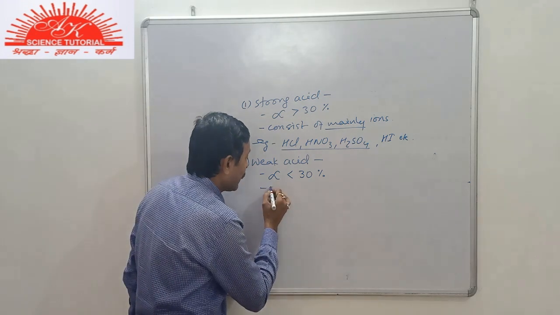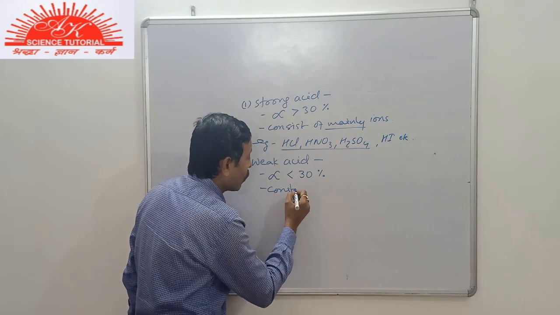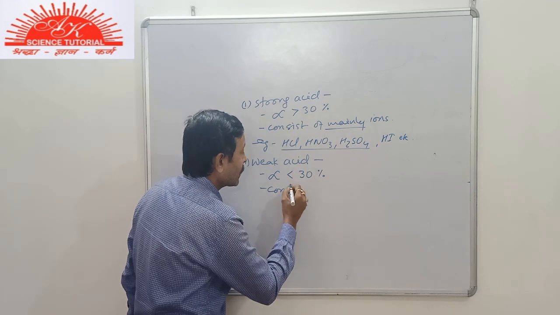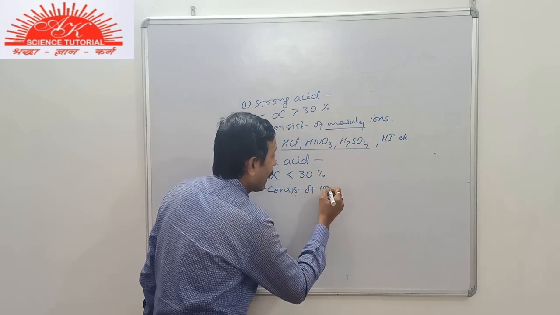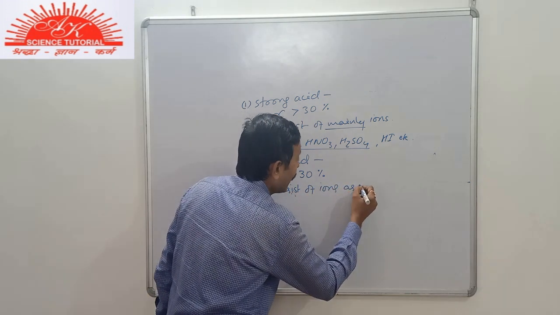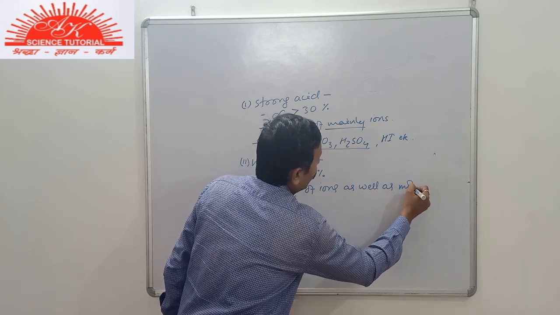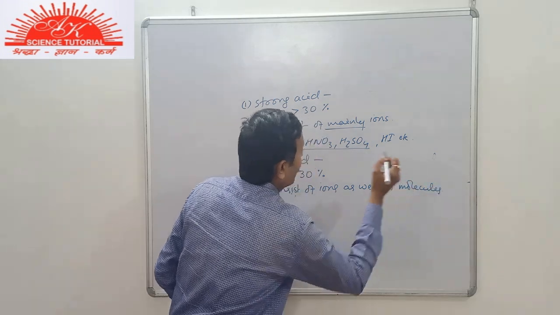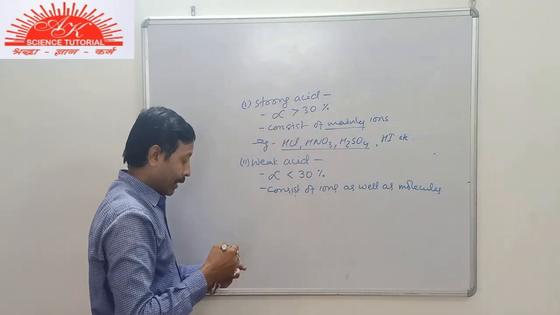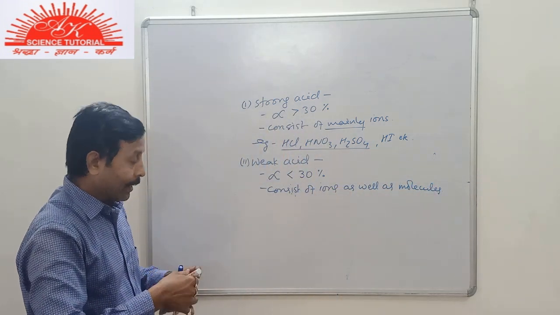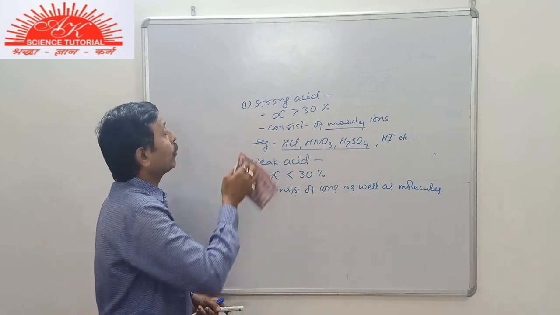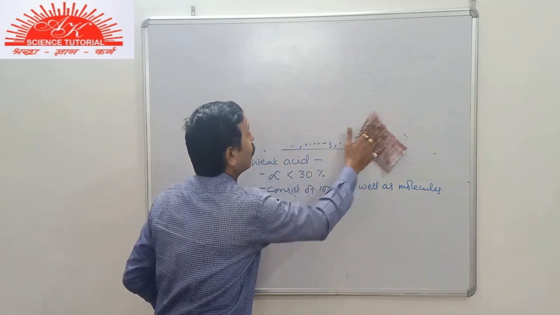So we say that it consists of ions as well as molecules, and if it is taken as electrolyte connected to a bulb, then the bulb will glow dim.